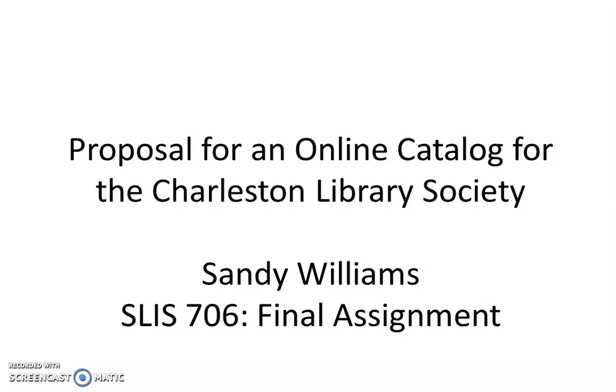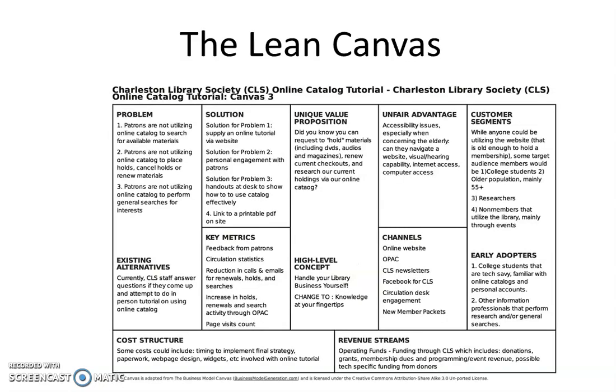I'll be providing the details of the project through the Lean Canvas so that you may quickly identify the important aspects of this proposal. So as you can see, what we have here is the Lean Canvas, which is broken down into various segments, quickly identifiable when presented to stakeholders such as yourself, so that we can really ascertain the problem, solutions, the audience, revenue streams, opportunities for growth, and so on.